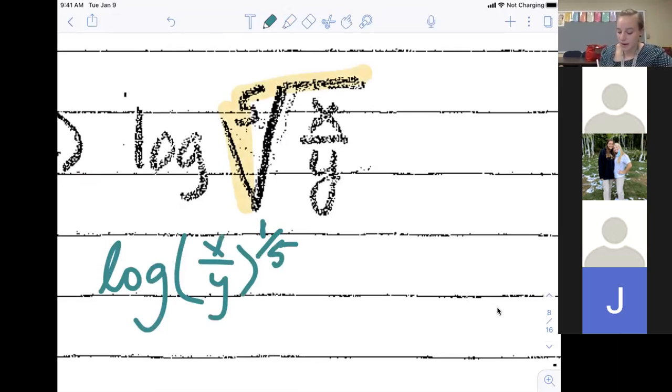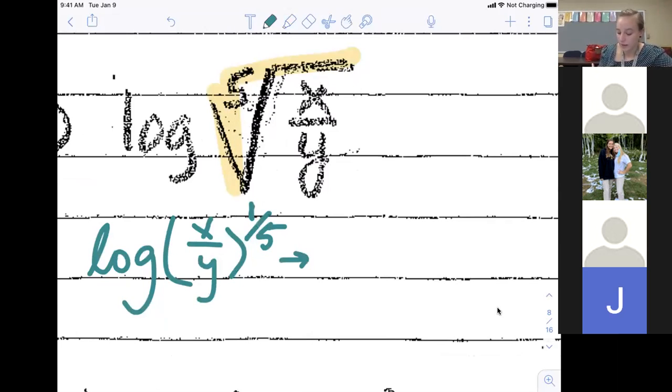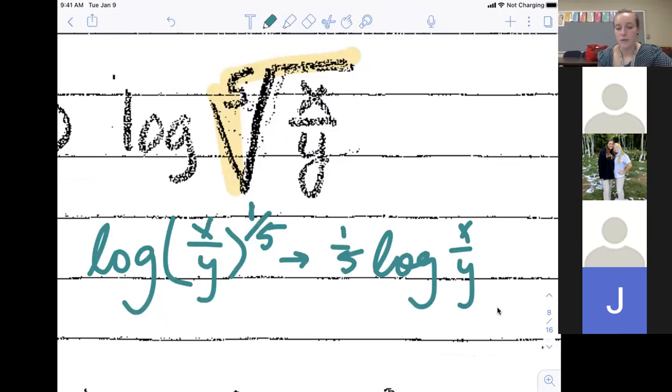So let's deal with our exponent first since it's in charge of everything. We'll bring it down to be my coefficient. 1/5 of log of x divided by y. And then now we have to do our division. So I've got 1/5 of log x and then minus. I don't get to just put log.